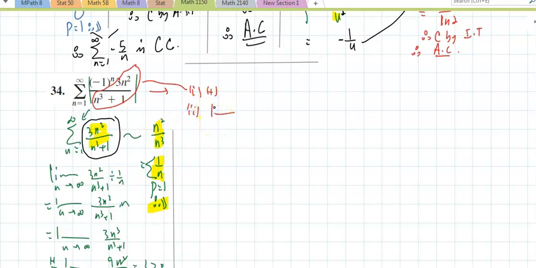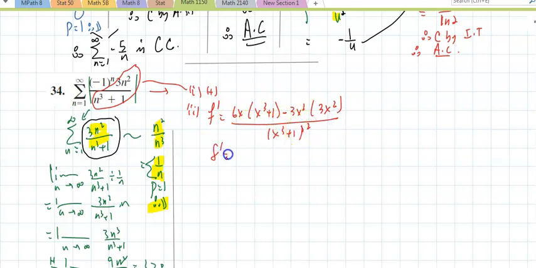I need to take the derivative, and that's going to be 6x times x cubed plus 1, minus 3x squared times 3x squared, the derivative of the denominator, all over the denominator squared.